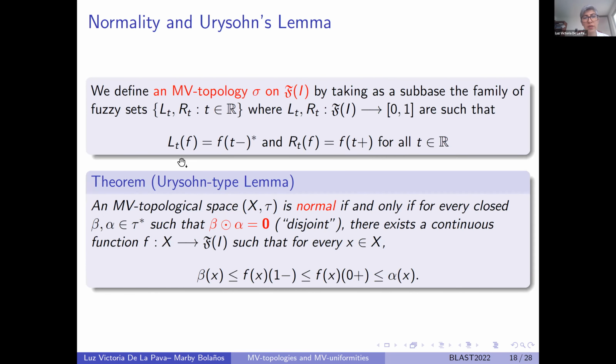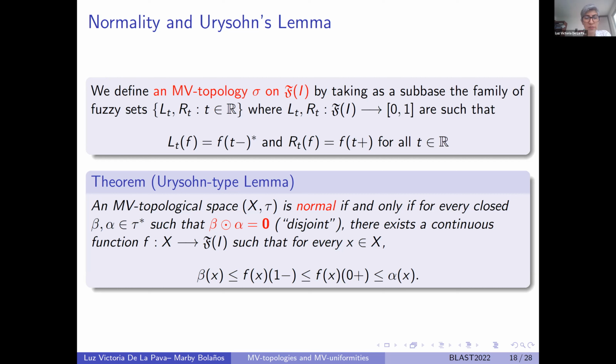So on this fuzzy interval, we define an MV topology, again inspired by Hutton's work, taking as a subbase the family of fuzzy sets L_t and R_t, with t in R, which are defined in this way.